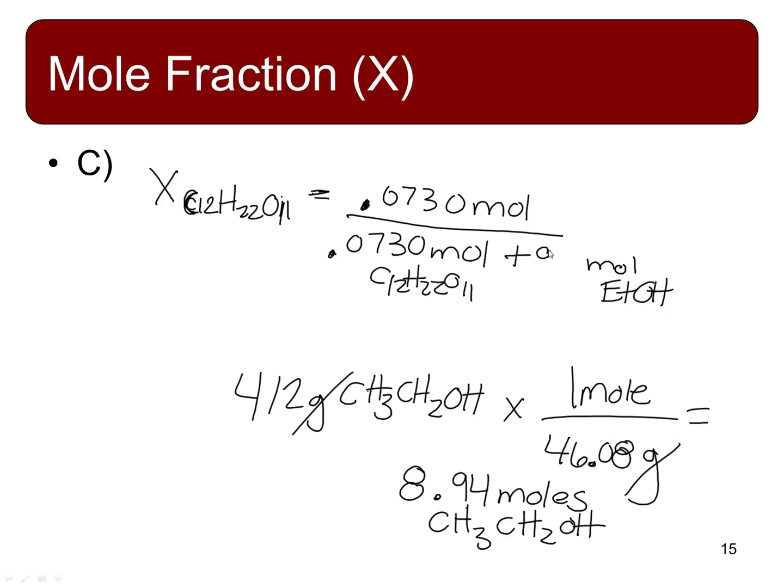So that goes here. If we add up 0.0730 plus 8.94 and divide that into the sucrose, you should get about 0.00810.